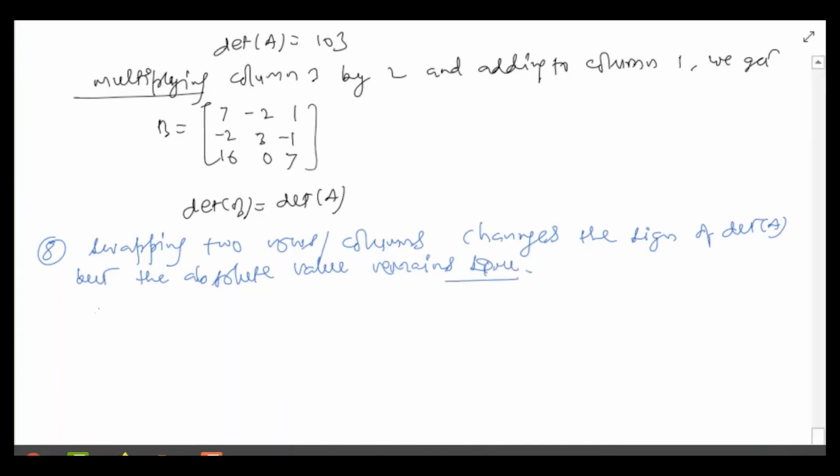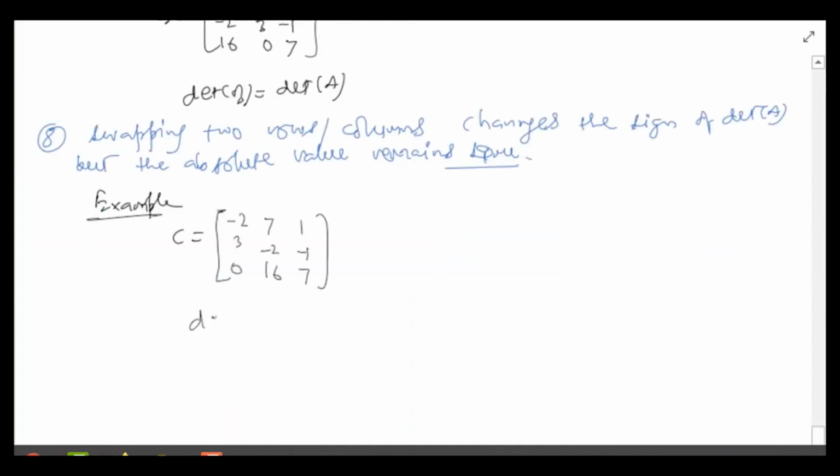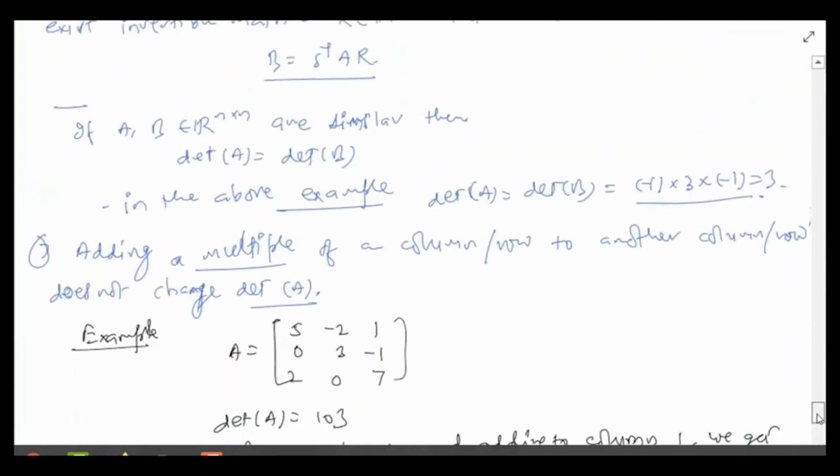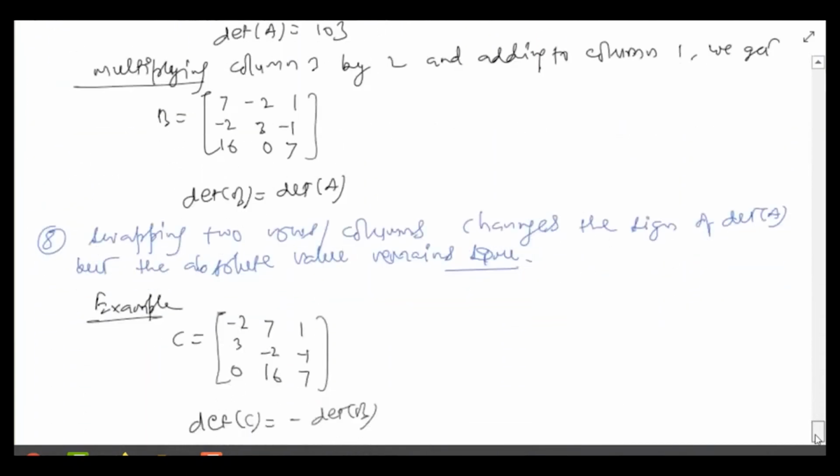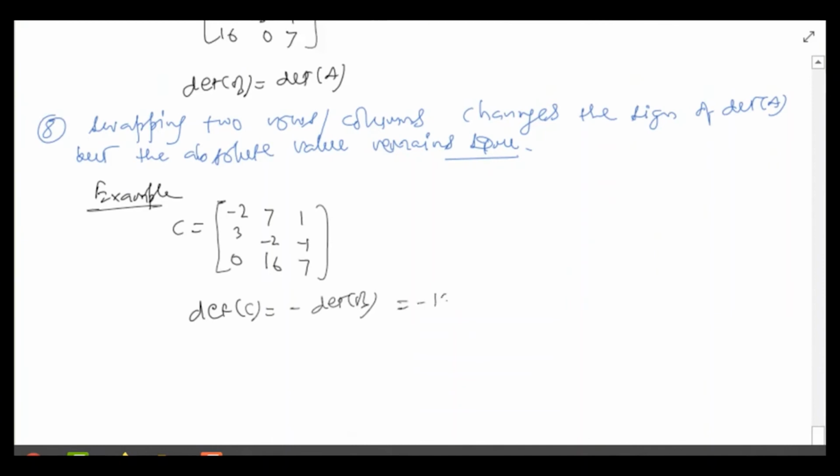For instance, if we swap the first and second columns of B to get the following matrix C, then determinant of C would be minus the determinant of B, which let us recall was 103. So this will be minus 103.